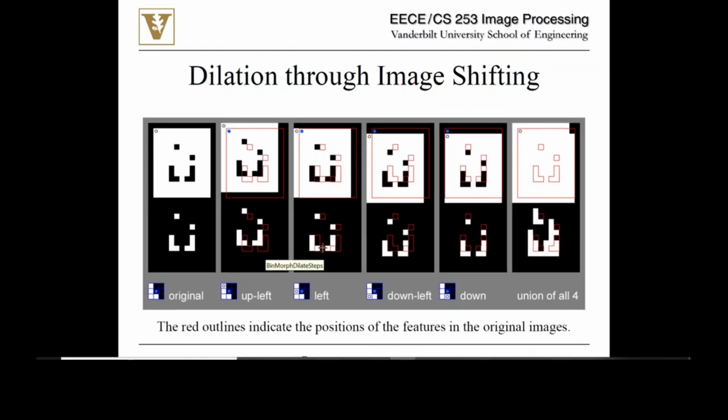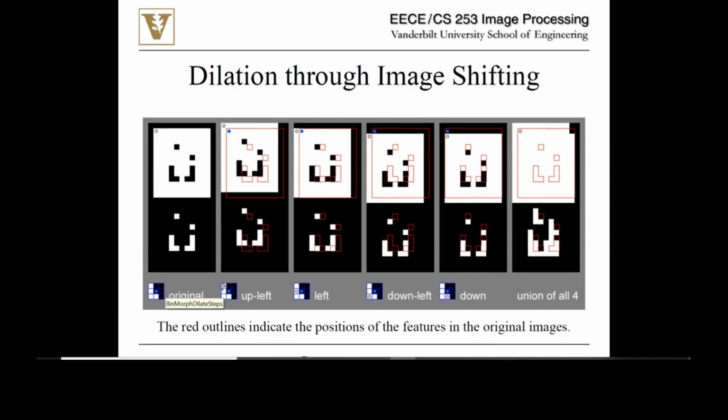And here you have more examples. Let's say that you have this original image, and then you have this structuring element, and now you shift your original image to the location of the deltas of the kernel.